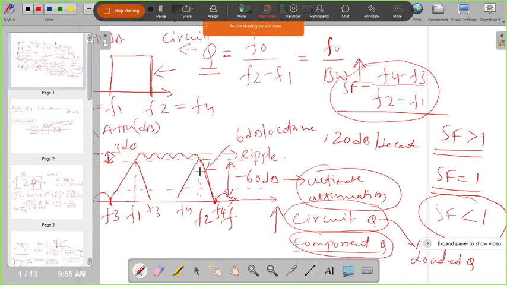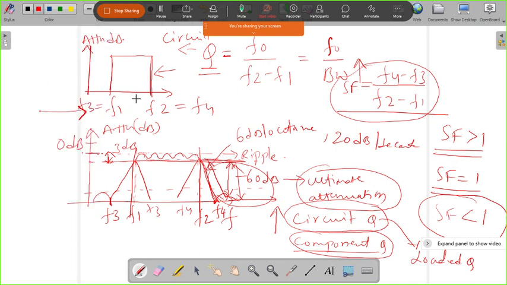If I take outside this passband, how much does the attenuation drop from the maximum attenuation we got? Outside the passband, whatever the roll off, how much attenuation falls down from the maximum value, that we call ultimate attenuation.